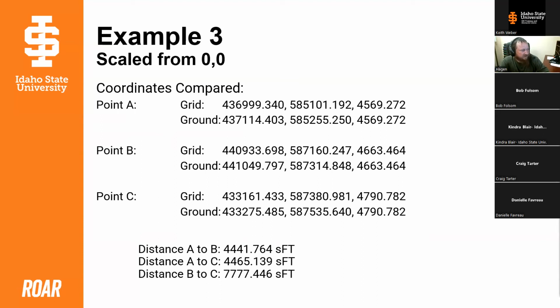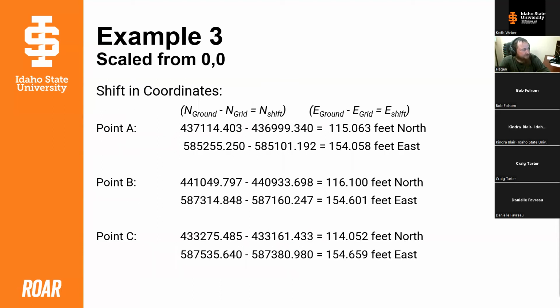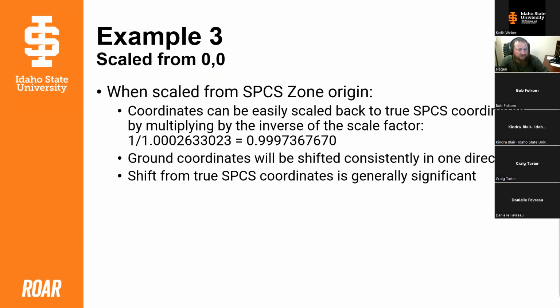Though again, you'll notice that the ground distances between the points remain the same. So in this case, instead of 18 feet to the west, our coordinates are shifting about the same, 115 to 116 feet north and 154 feet to the east. It's pretty significant. It should show up on most maps.